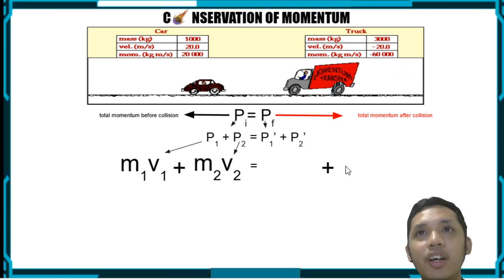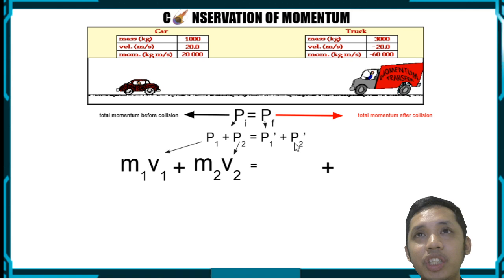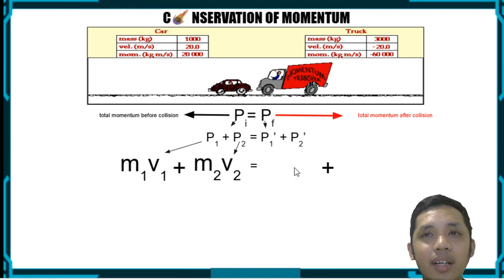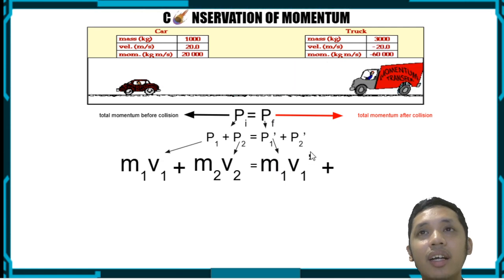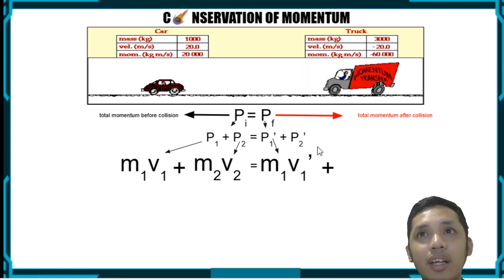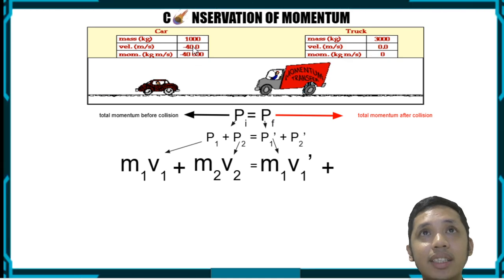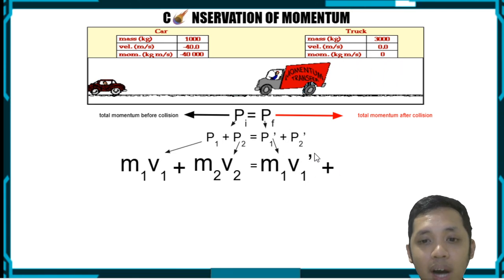And then, for the other side, for P sub 1 change, we are referring to the mass of the first vehicle and its velocity after the collision. So initially, the velocity of the first car is 20 meters per second and then it becomes negative 40. So that is the v sub 1 change.